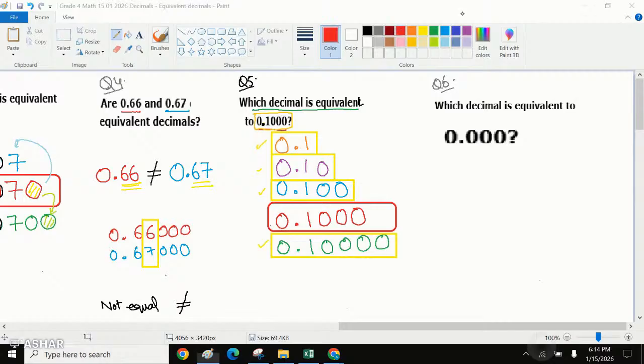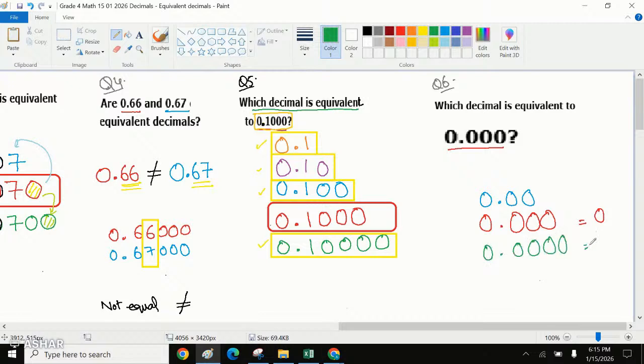So if our original number was given as 0.000, that means there were 3 zeros. It still equals 0, right? It's still a 0. So either we remove 1 decimal or we increase 1 decimal. It would still stay as a 0.